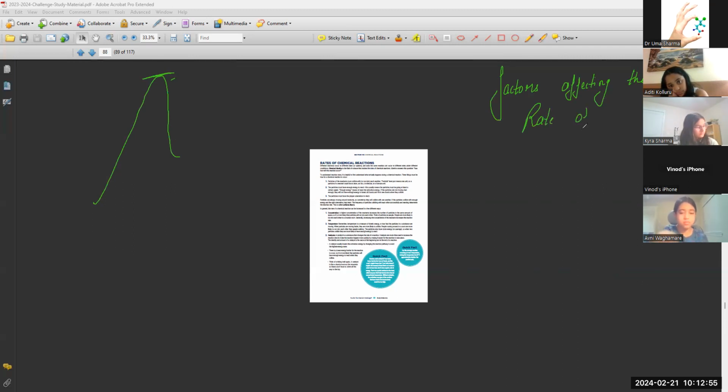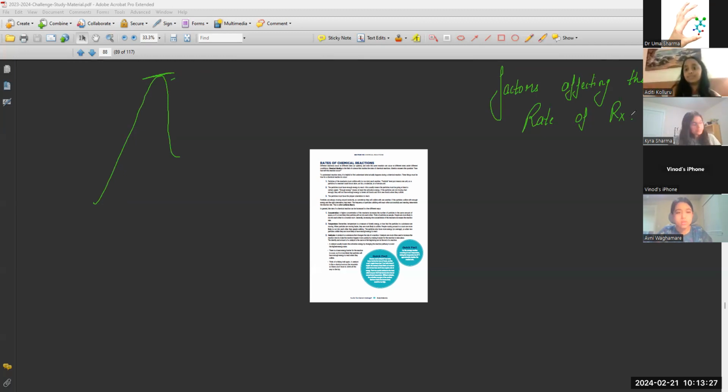So what is the first condition for a reaction to take place? The molecules must collide. They need to collide. If they don't collide, then how is the reaction taking place? No reaction, right?